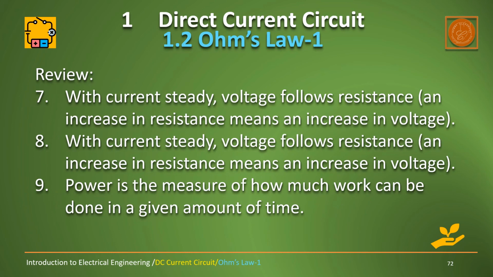Number 7, with current steady, voltage follows resistance. An increase in resistance means an increase in voltage.